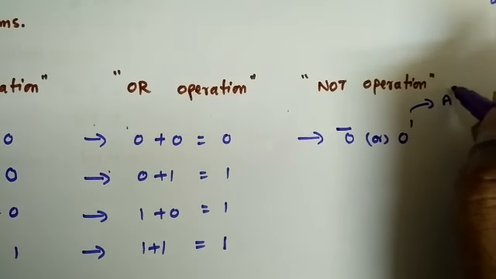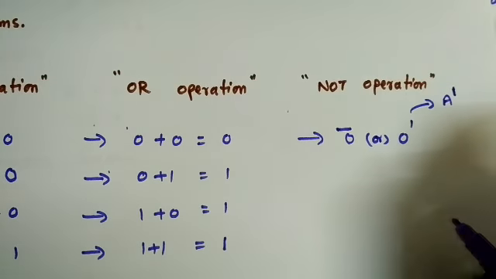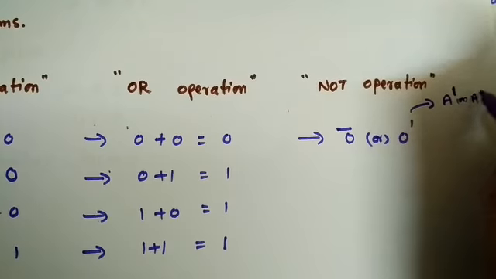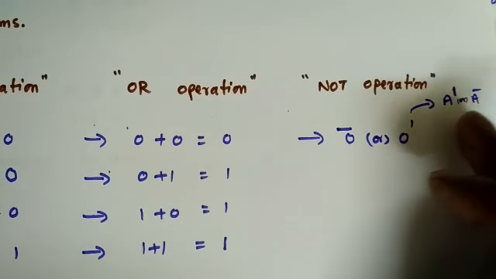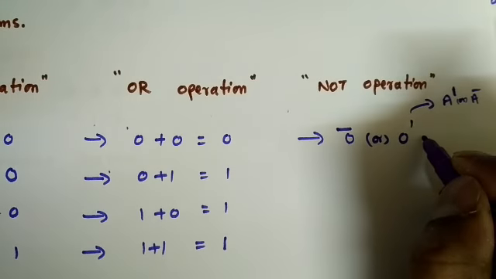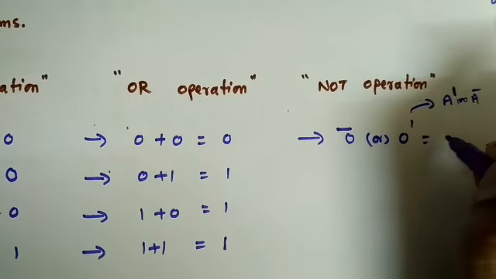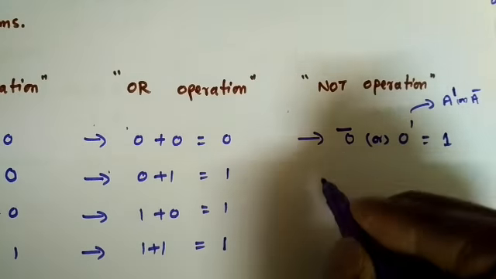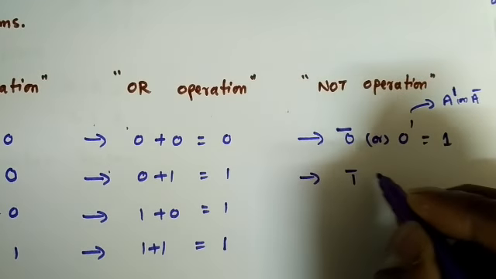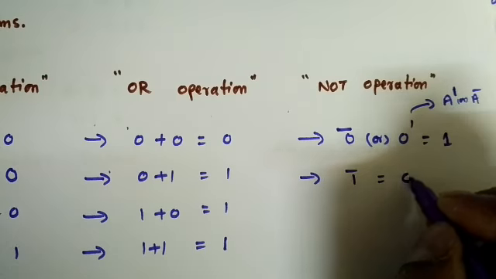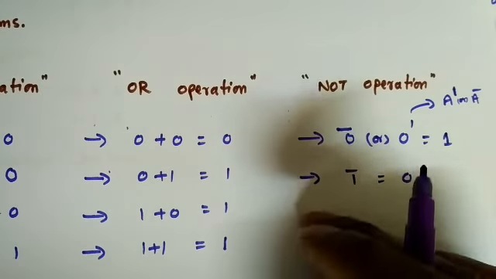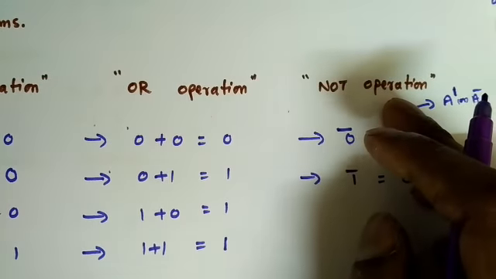Suppose there is some a, we can write a dash, or sometimes a bar. We can use either alternately. So 0 bar or 0 dash is equal to the opposite, so we get 1. Similarly, if I take 1 bar, the inverse of 1, I will get 0. So these are the two axioms for the NOT operation, right?